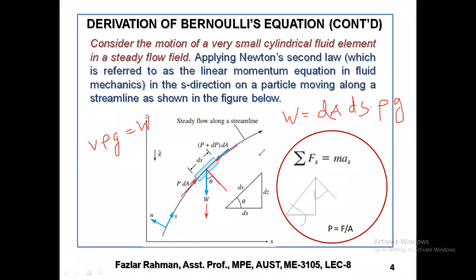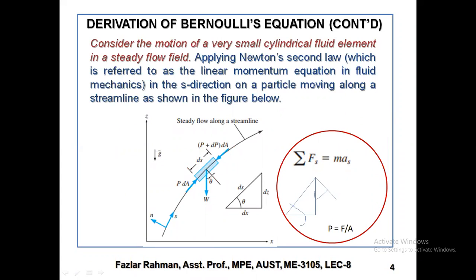Now, if you take the summation of force along the streamline, along the direction or length of the fluid element, then how many forces do you have? You see P into dA working upward. I'm saying upward is positive. Then minus, you have P plus dP into dA, right? Then weight, where is weight working? You see this weight, I can divide into components.